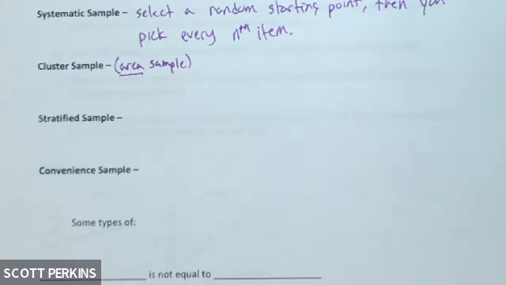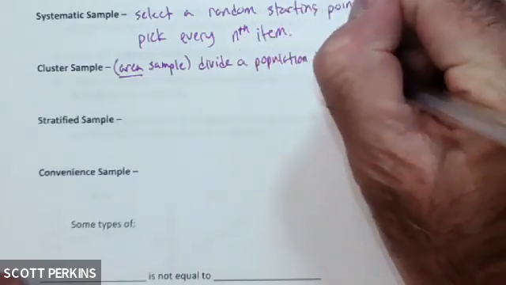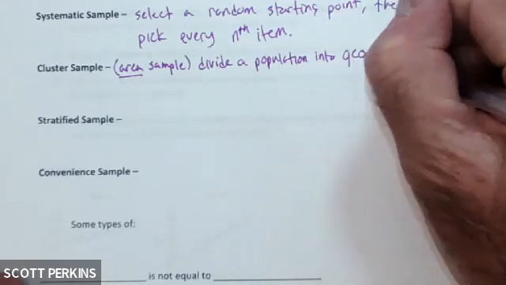So what you would do for a cluster sample is you would first divide a population into geographic sections.